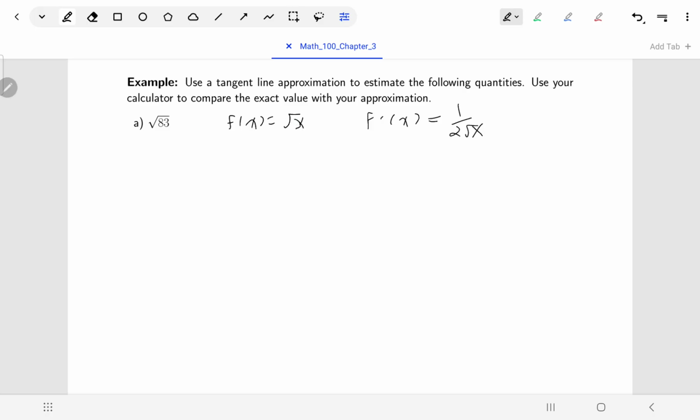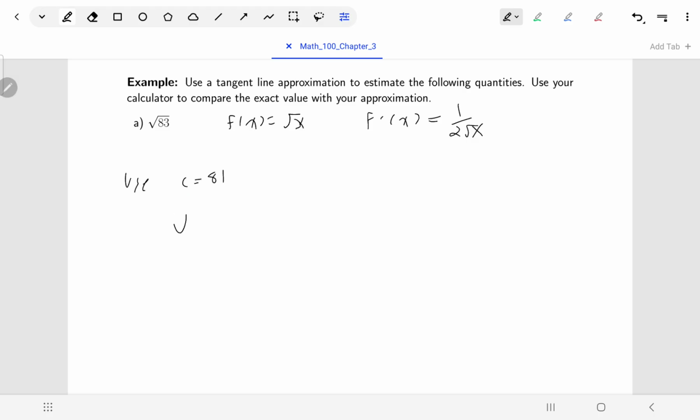I'm going to go with the closer one because, again, the closer x is to c, the closer my number is to 83, the better of an approximation I'll get. So I'm going to use my c value to be 81.